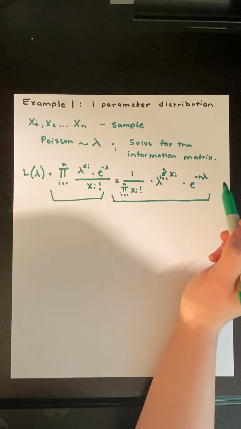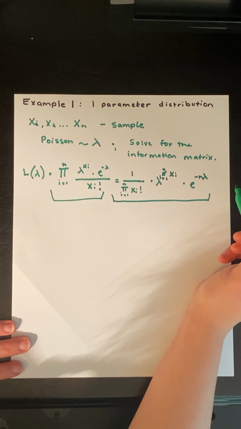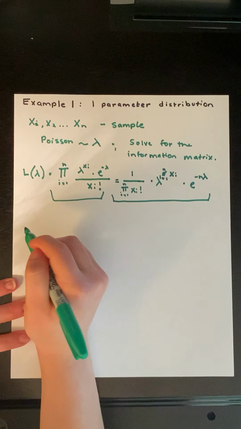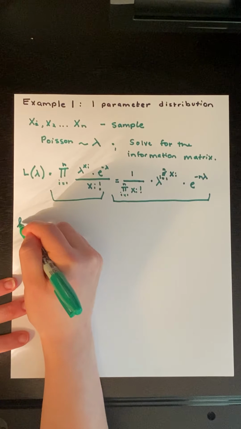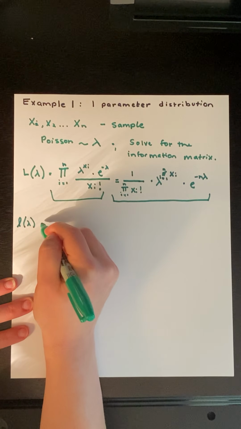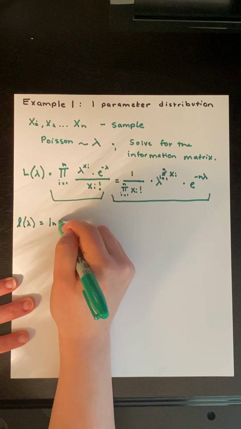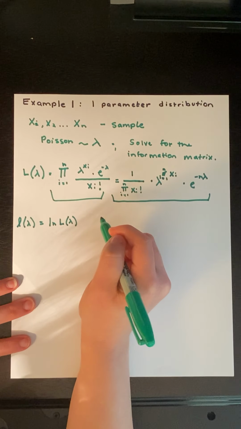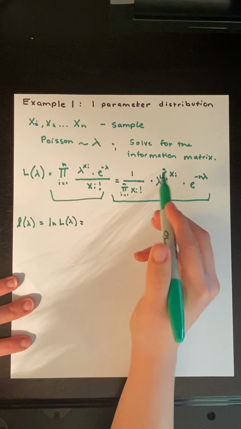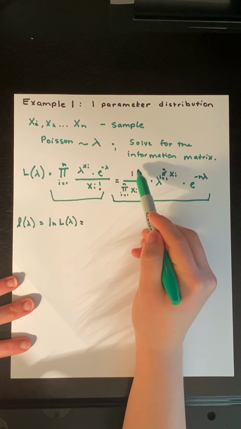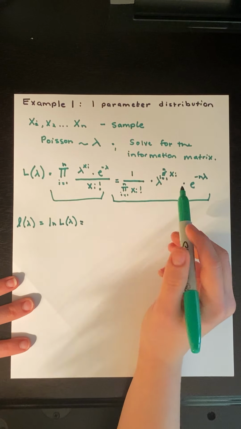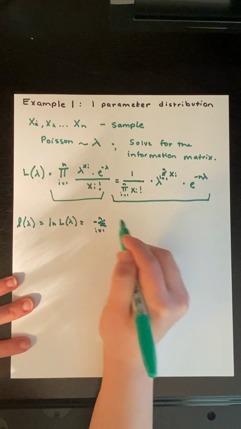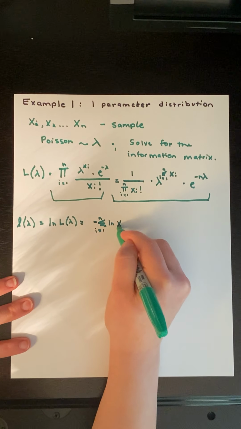Our next step, always when doing MLE, after we find the likelihood function, is to find the log likelihood function because it's easier to work with. Our log likelihood function, little l of lambda, is found by taking the natural log of the likelihood function, big L of lambda. Doing this step by step, the first part is equal to negative sum of i equals 1 to n of ln of xi.